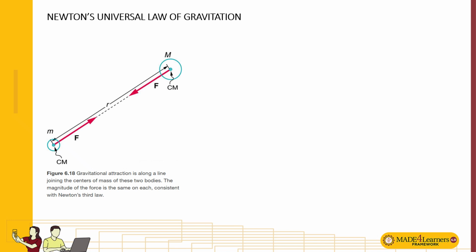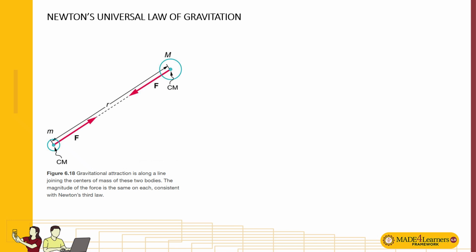So if we have this smaller object, or quote unquote body, and the greater mass body, the force of attraction between them have the same magnitude, but they go in opposite directions. The measurement for the distance between them should be taken from the center of the first body to the center of the second body.